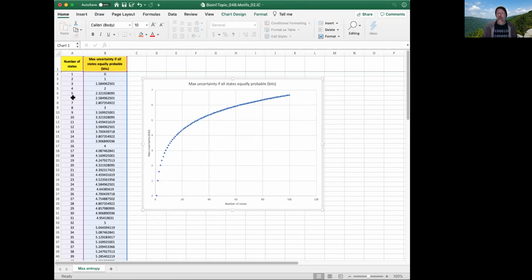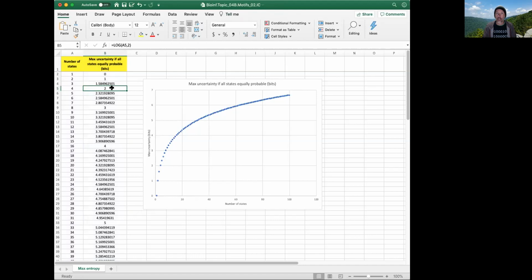I'll close on one important thing to keep in mind. This calculation of maximum uncertainty will be the same for every system with a certain number of states. So any 4-state system will have the same maximum uncertainty, 2 bits.